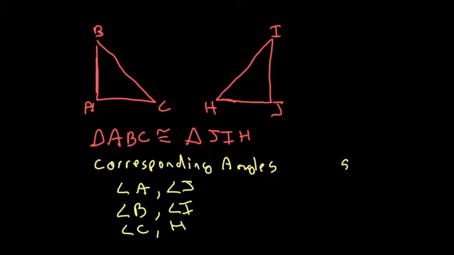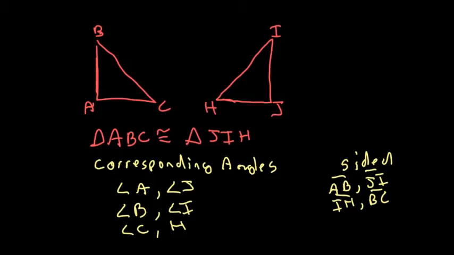And then do corresponding sides. So side AB corresponds to JI. And then IH corresponds to BC. I know I wrote that backwards from the original, but that's okay. For corresponding, it doesn't matter which one comes first.